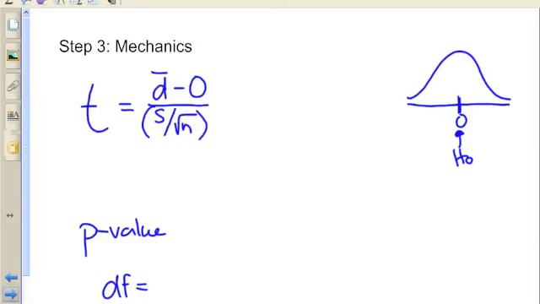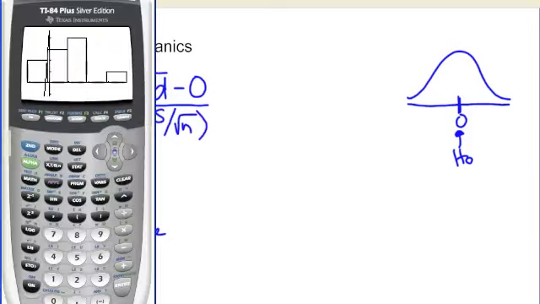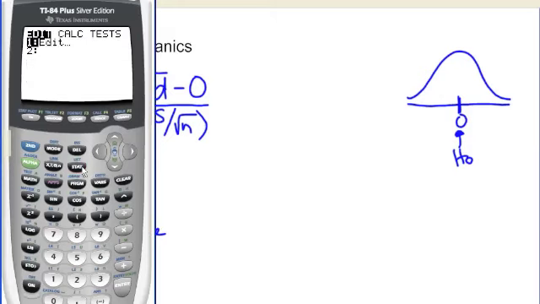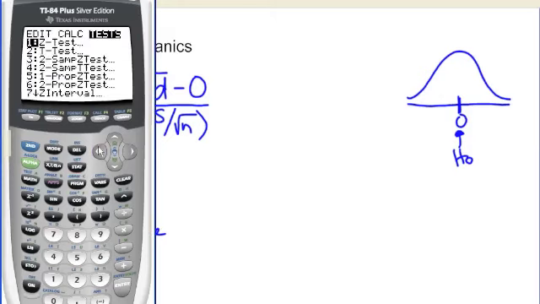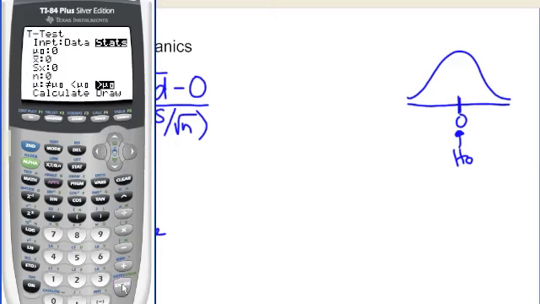All right, I'm going to have my calculator help me out with some of these values. So, as you might expect, I'm going to go to stat, and I'm going to go to test. You will not find a paired t-test in here anywhere. We just use the t-test, and we know in our brains that it's paired. So I'm going to select t-test. I actually have data this time around. Notice the null is set at 0, but I could replace that if it was something else.